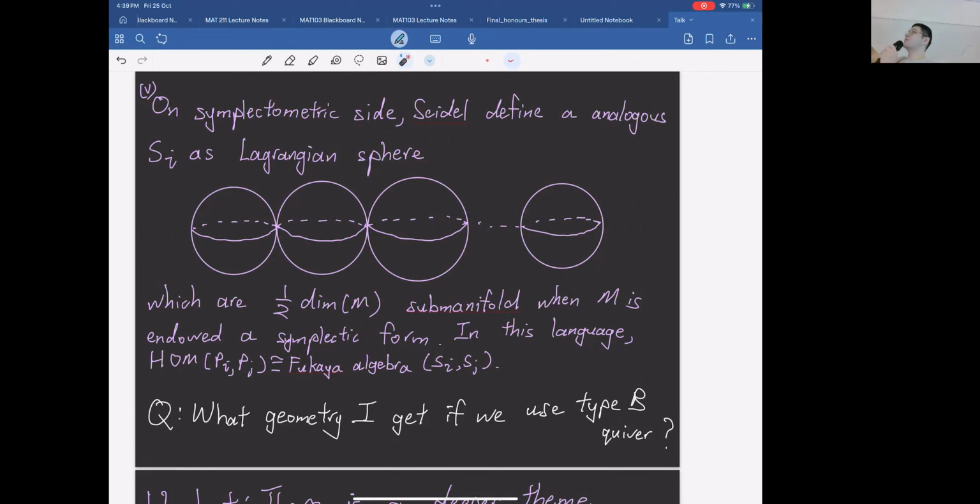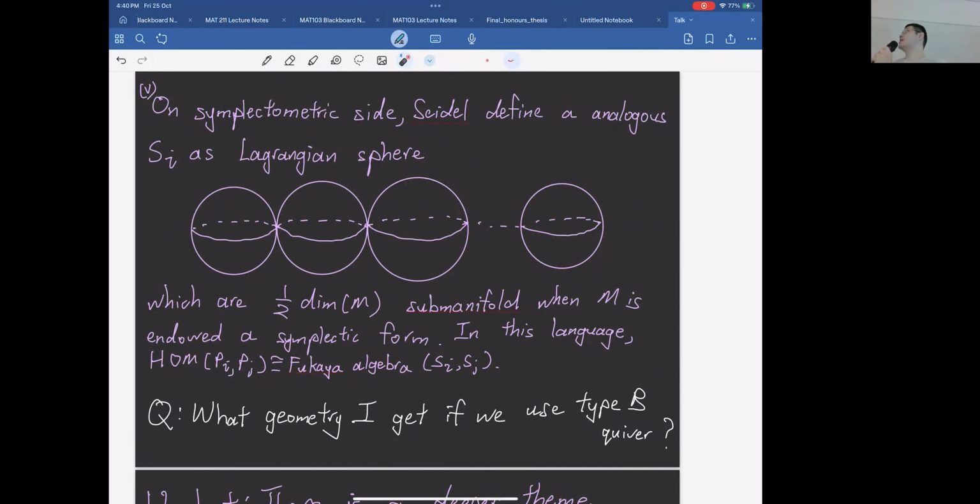I think this was when he was a student or maybe just graduated, because the paper from Khovanov and Seidel actually came from the idea of Simon Donaldson, who is Seidel's supervisor. So they defined this Lagrangian sphere. It turns out that this intersection has the same configuration as the quiver.